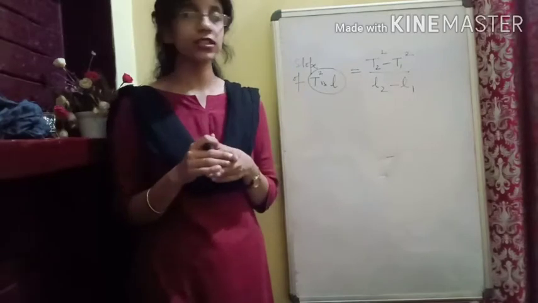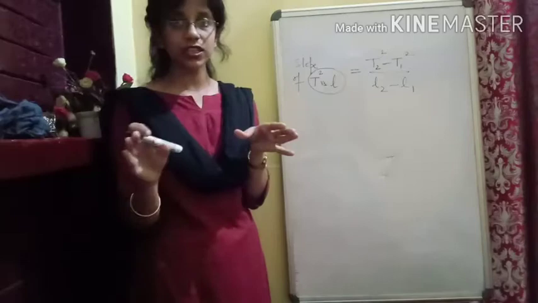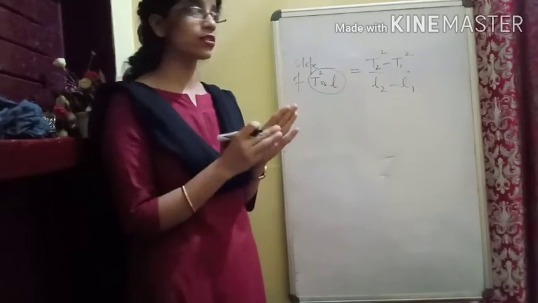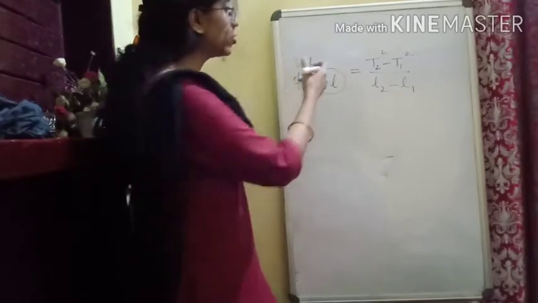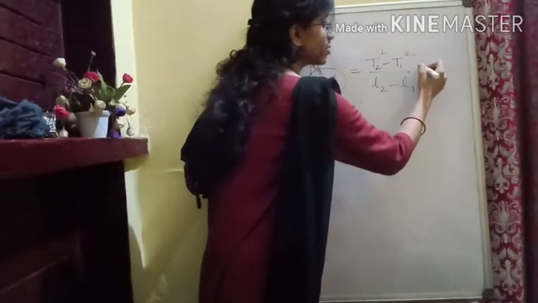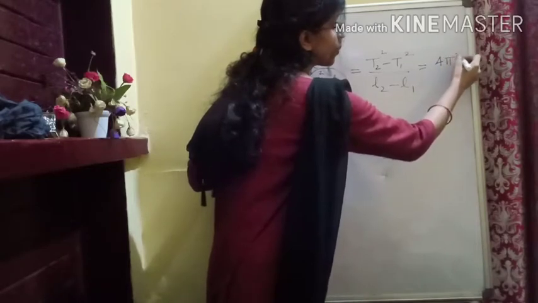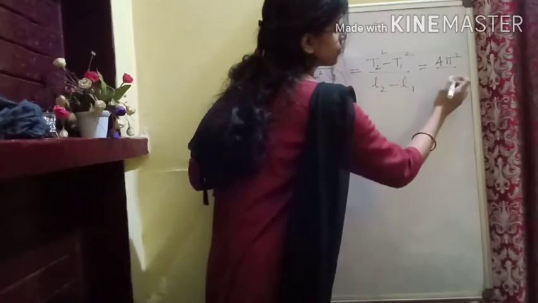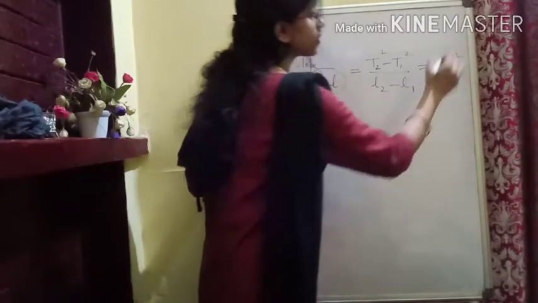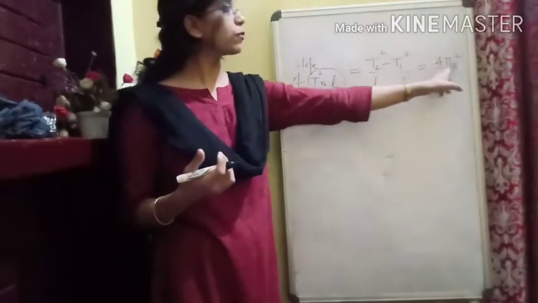The value is not changing, so the slope is constant, and there must be a fixed value. When they calculated, it came equal to 4 pi square upon g.